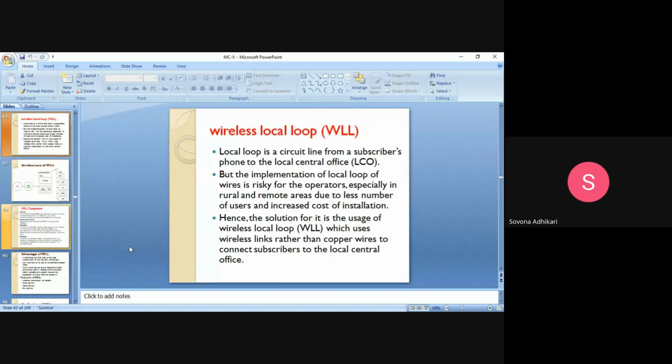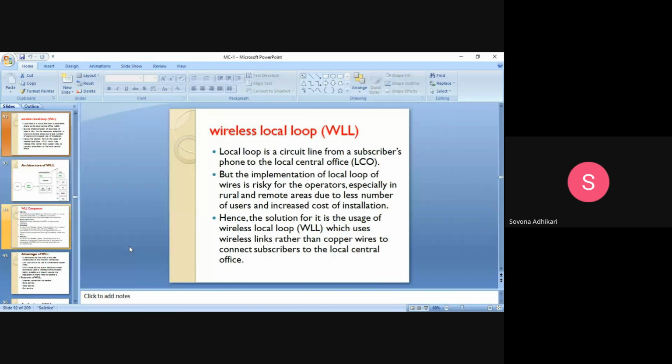Wireless local loops. Local loop is a circuit line from the subscriber's phone to the local central office. Okay, we have already discussed that your landline or any subscriber phone is first connected to the local central office. Then it is connected to the internet, then to global, whatever it may be, then to the remote system.